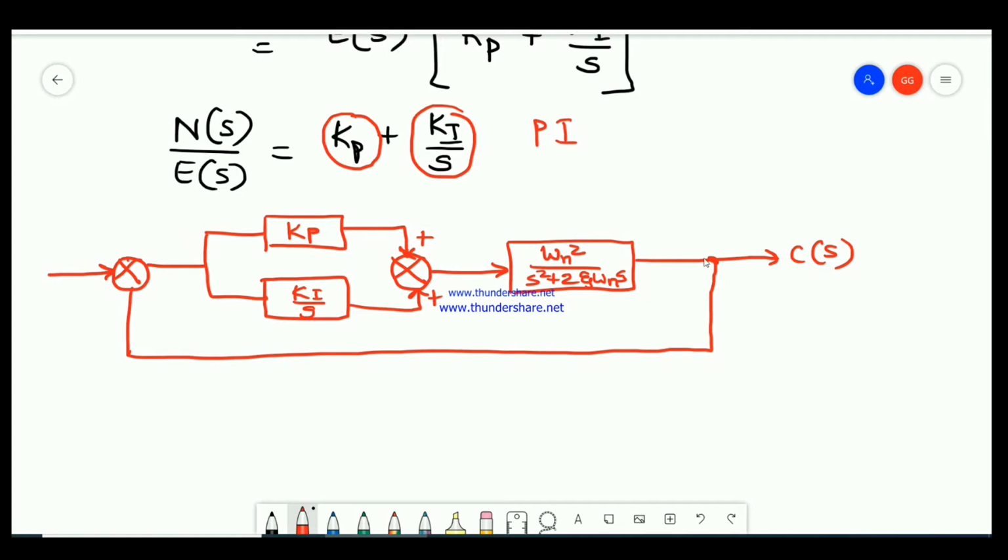R of s is the input, and the negative feedback you take is minus there. So now we will try to write the equation for G of s for this particular proportional integral controller.